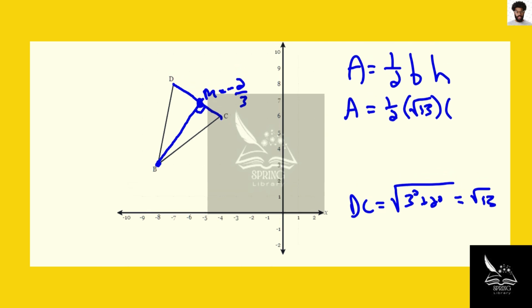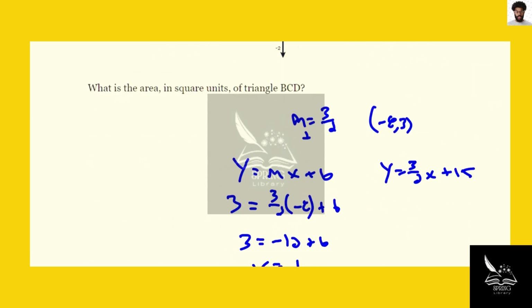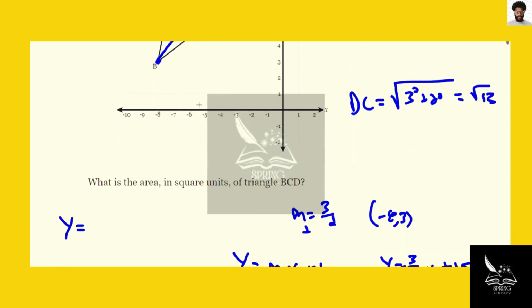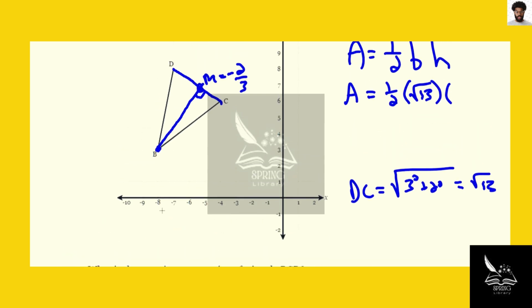So the line containing DC would be y equals, that slope is -2/3. And we can find b by taking point C, which is at -4, 6.